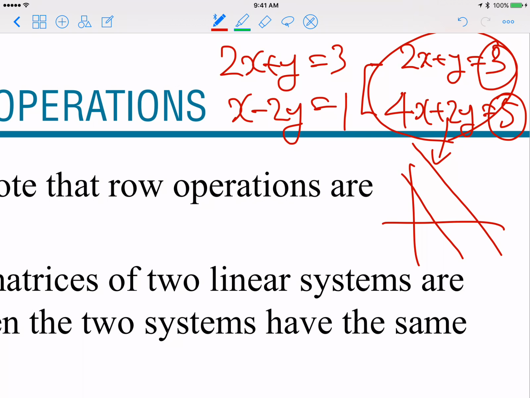These were having all the ratio of 2, right? So 4 is 2 times 2 and 2 is 2 times 1. So the ratio was all the same as 2, but the ratio between these is constant. It's not 2, right?